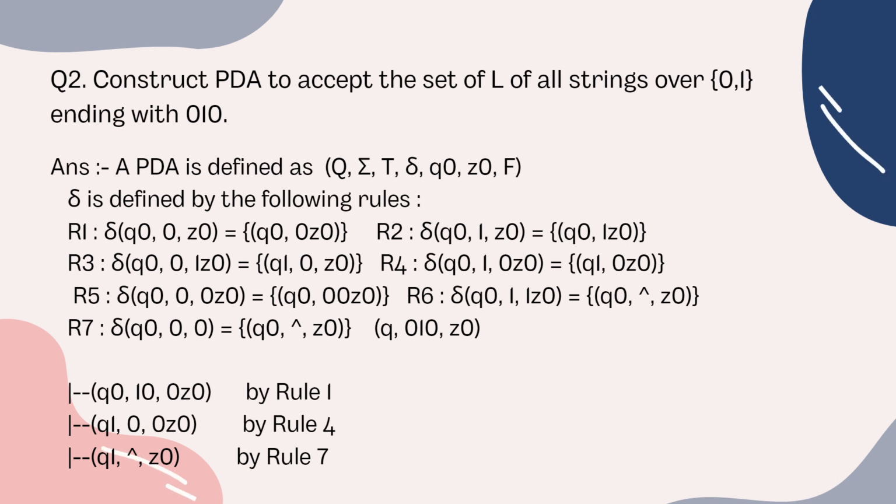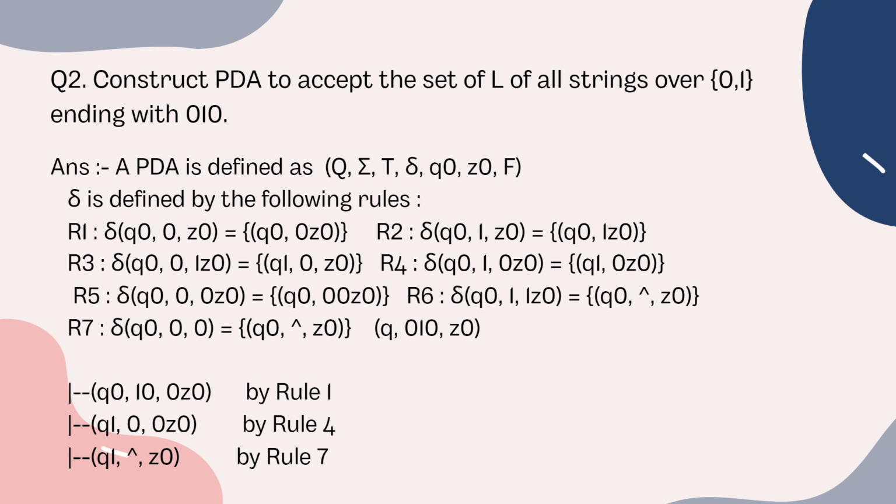We have defined the delta by the following rules. Rule 1: delta(q0, 0, z0) = (q0, 0, z0). Rule 2: delta(q0, 1, z0) = (q0, 1, z0).